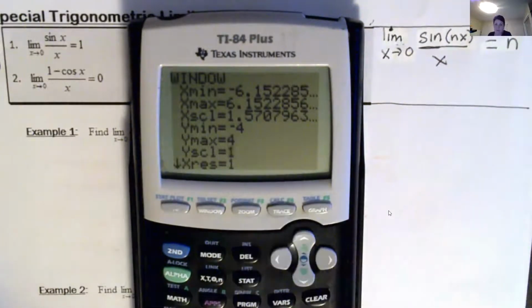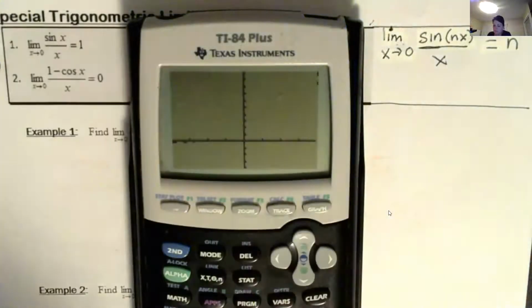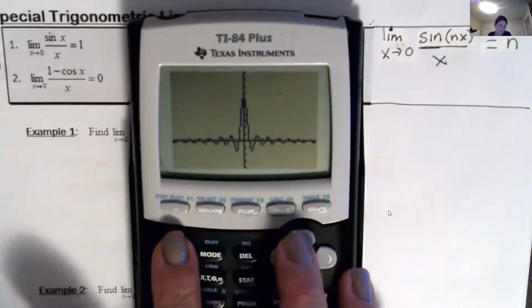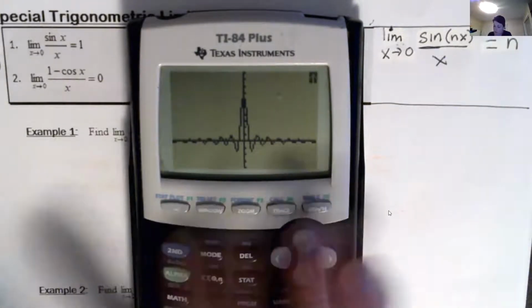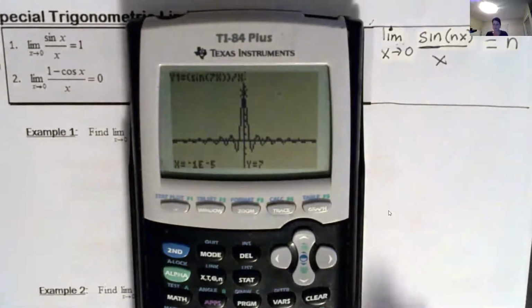So if I make my y max just for the time being a 10, let's see. Okay, and I need to be on the left and right side of 0 to make sure that 7 is actually what it is. Second trace value, 0.00001. Yep. Negative 0.00001. Okay, and it is.